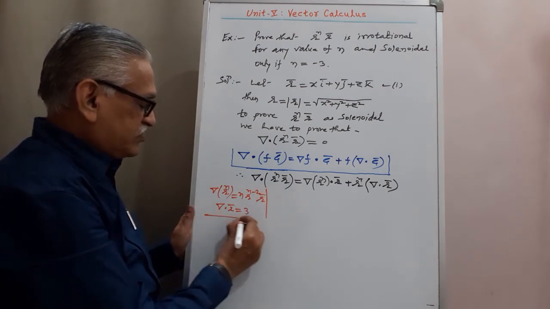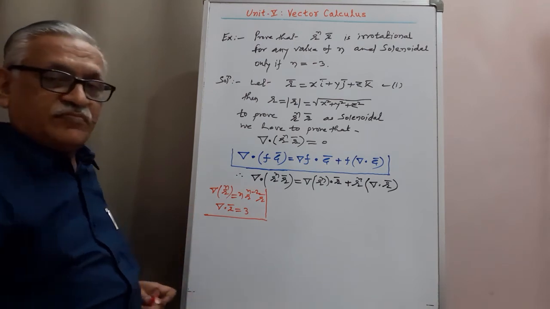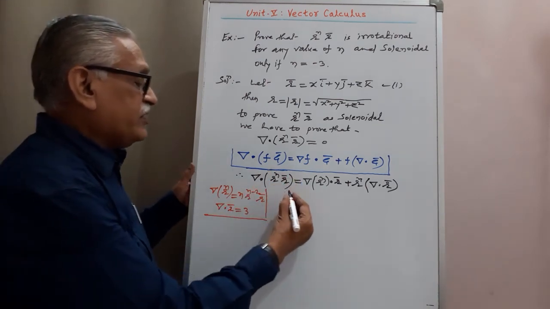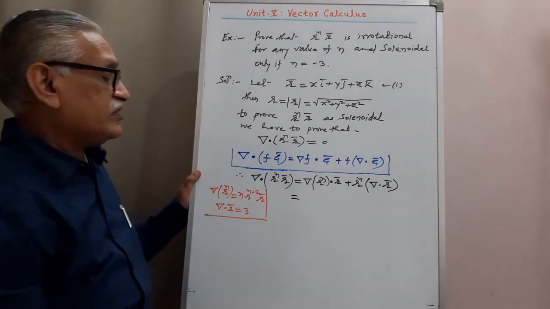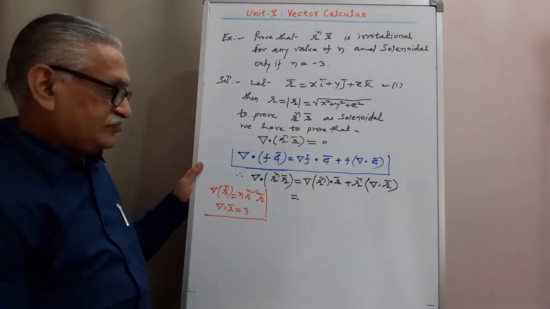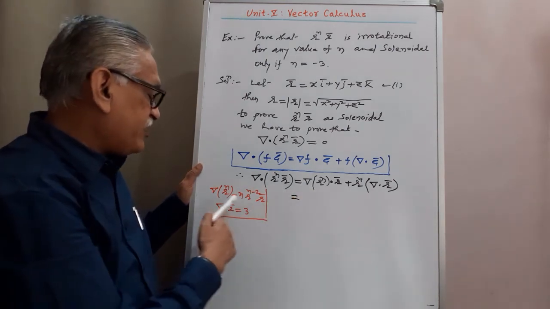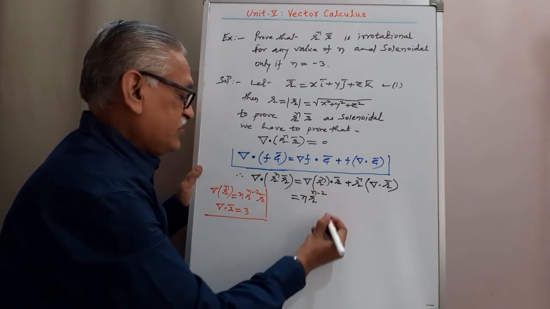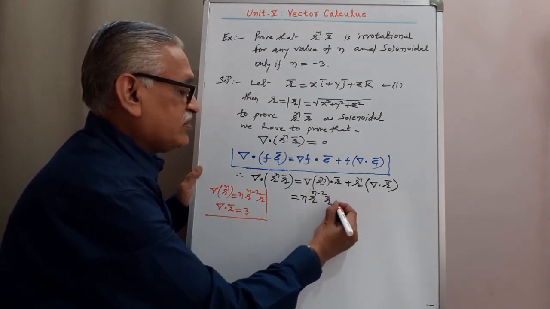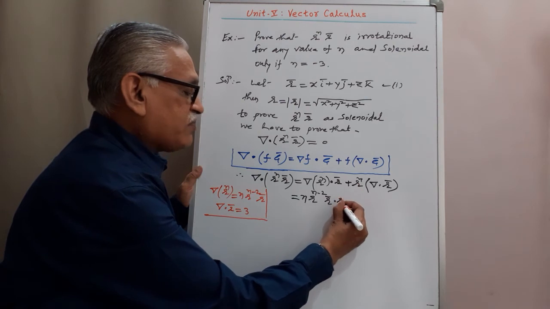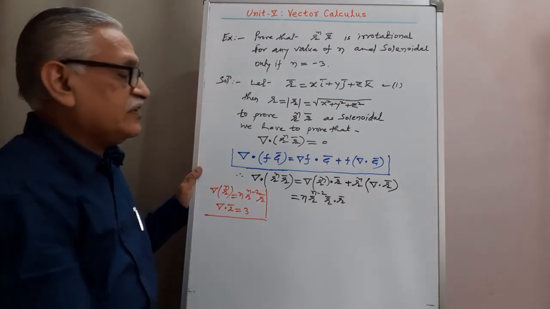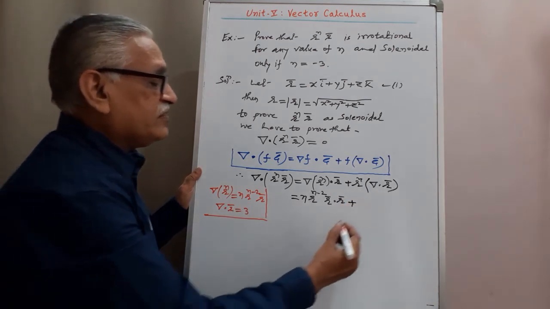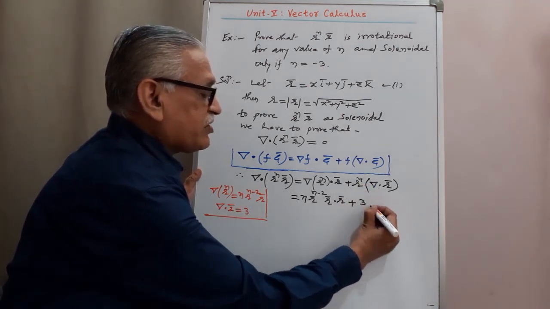Therefore, using these two standard results, we get, and therefore it is equal to del of r raised to n, n r raised to n minus 2 into r bar, a dot product with this r bar, plus the value of this del dot r bar is 3. Therefore, it is 3 into r raised to n.